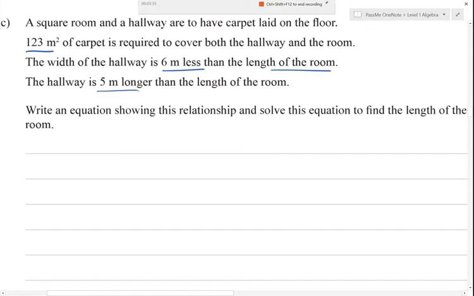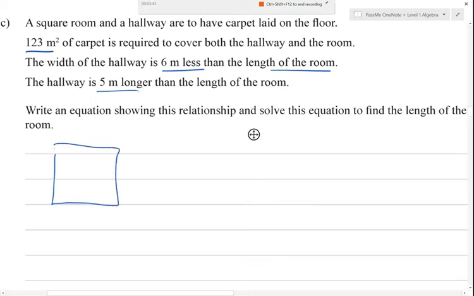So I'm just going to draw a picture to help me understand this. So I have a square room, and then I have a hallway which I'm assuming is rectangular because it doesn't say it's square. And what I think I'll do here is I'll just say that the room is x meters by x meters, because I don't know what it is yet.